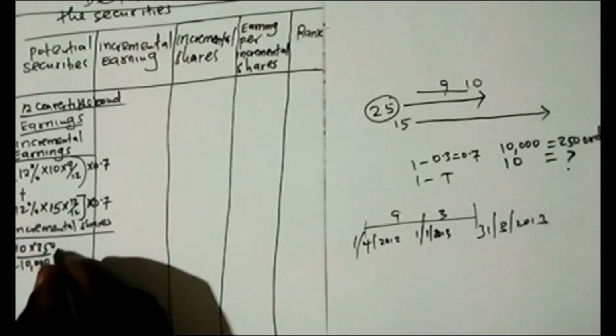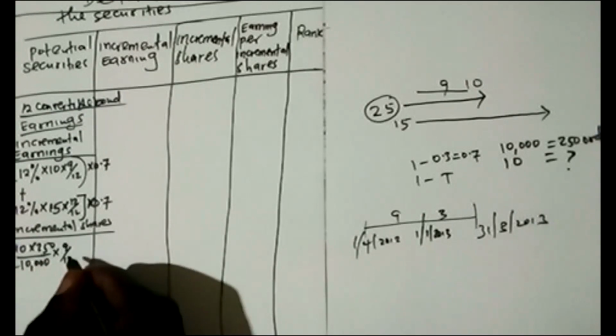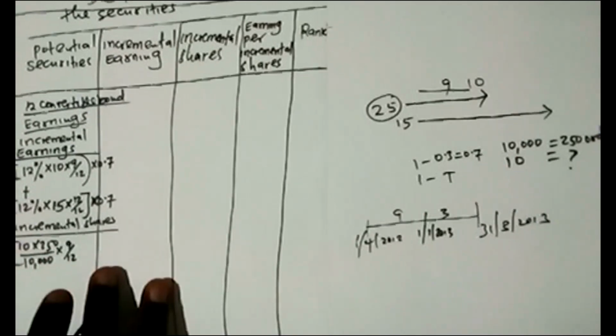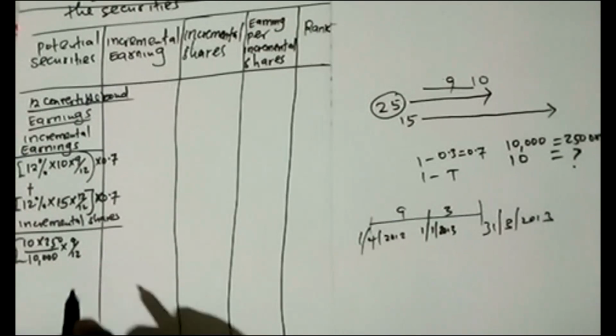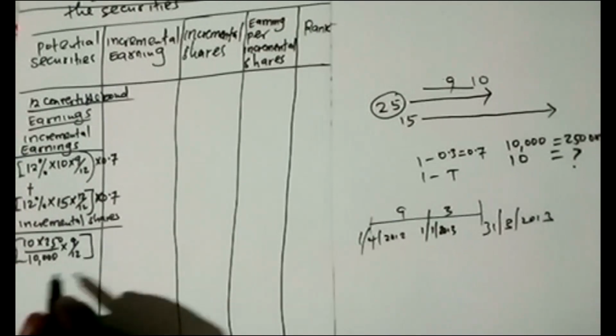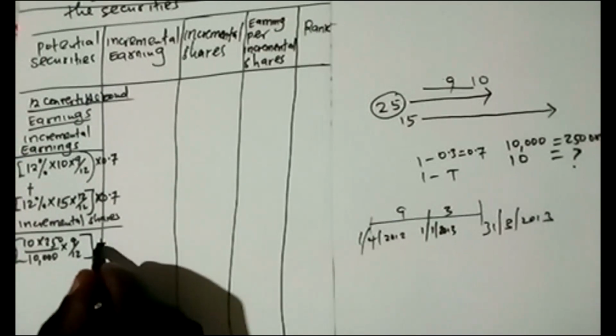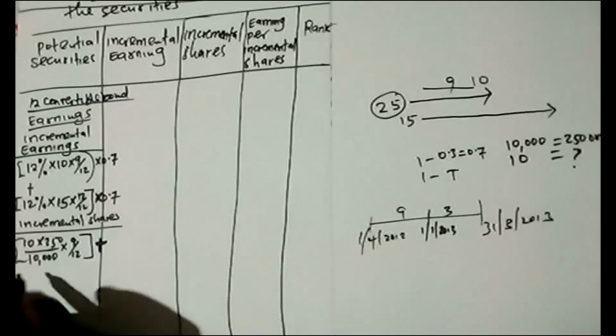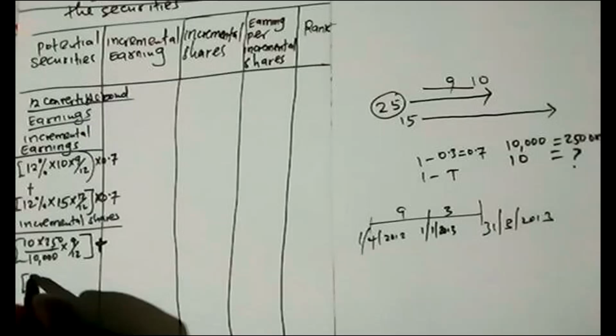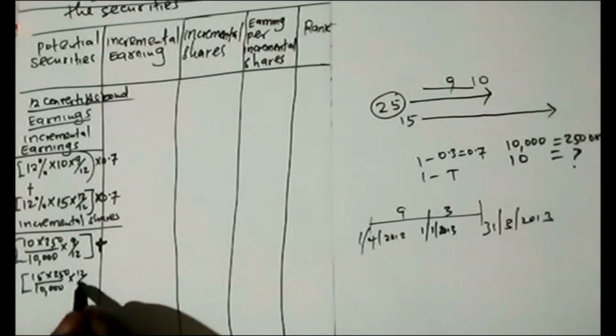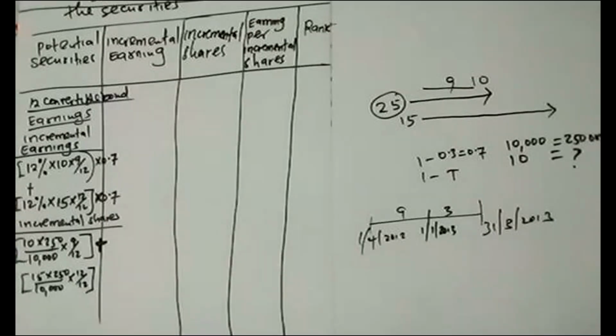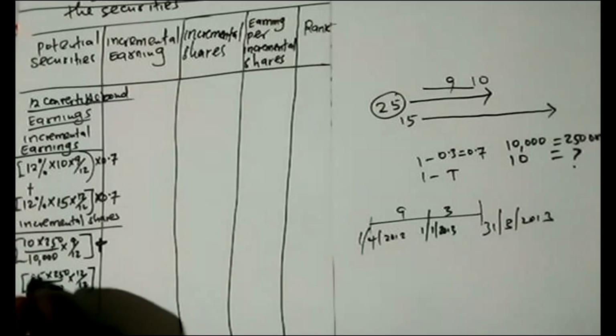The period remains 9 months because it's up to the time of conversion. Then after getting your answer there, you have to add: now it will be 15 times 250 divided by 10,000 times 12 over 12. Remember, the 15 is the one which was unconverted.